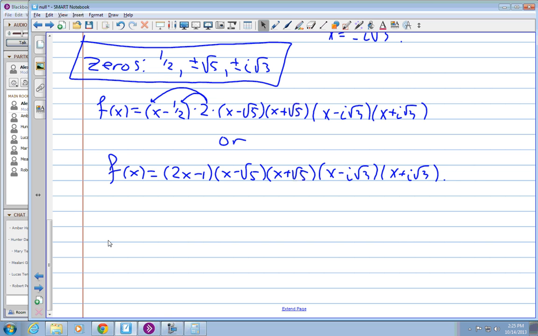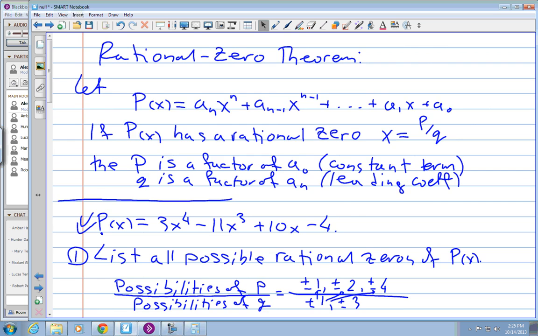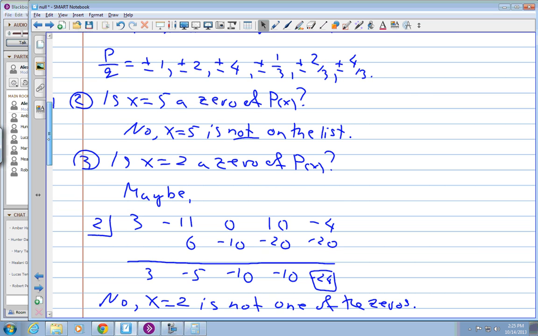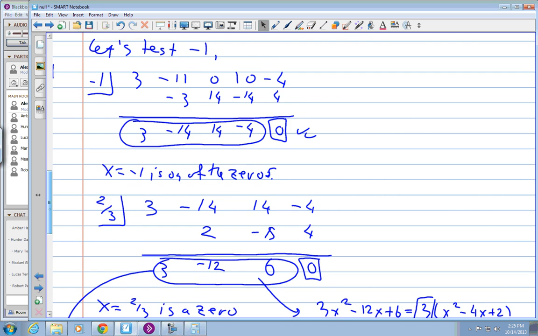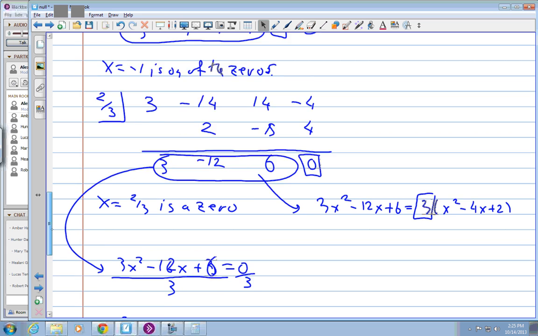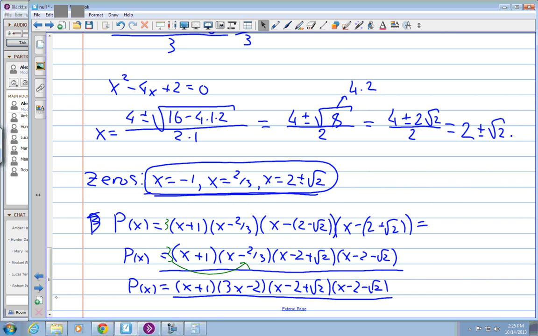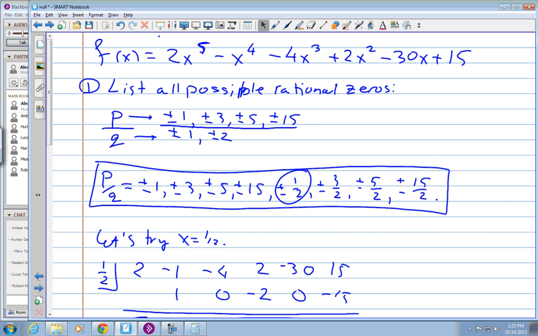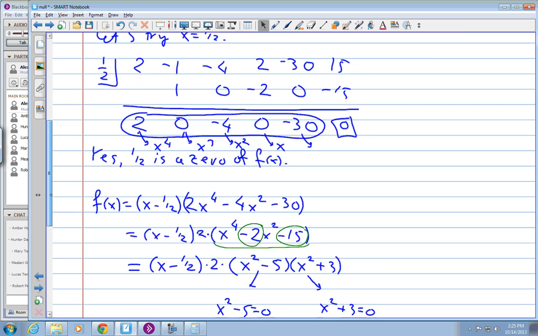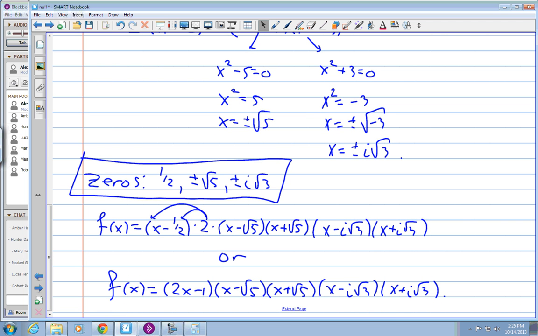And then just going forward, just like in the previous example, we had 2 numbers work, right? -1 and 2/3 worked out of the list, and the rest were irrational. So all zeros could be on the list, but the reason why we do the division is so we can get to a point where we find the non-rational zeros, the square roots and the imaginaries.